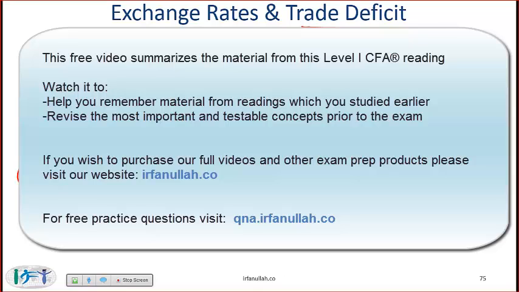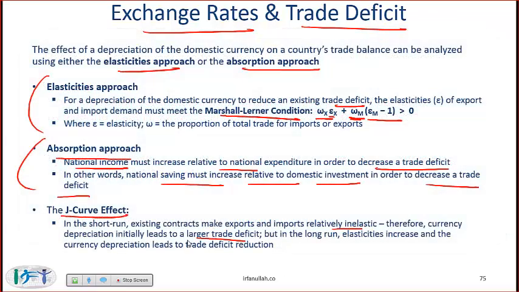So generally, we are more inelastic in the short run, and with longer time periods, we tend to be more elastic. The same applies in the context of global trade. Therefore, currency depreciation initially leads to a larger trade deficit, but in the long run, elasticities increase and the currency depreciation leads to a trade deficit reduction.